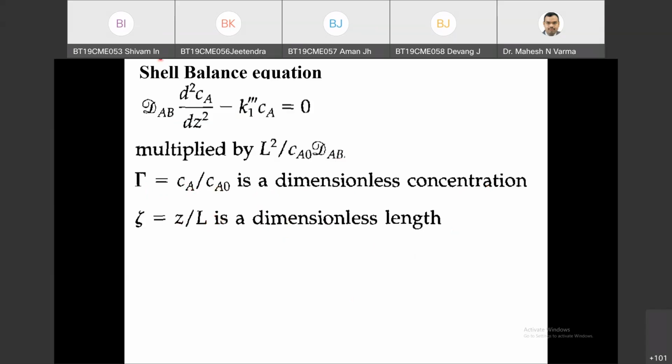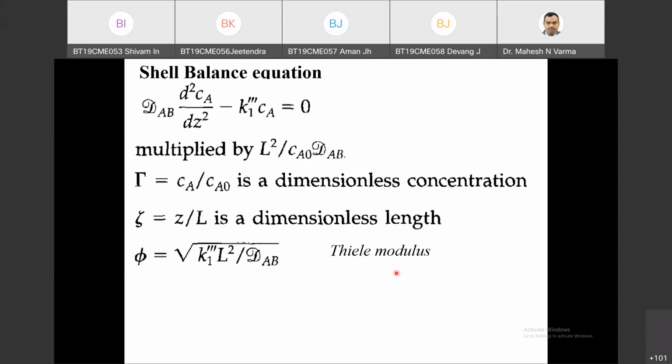Now substituting lambda into C_A0 instead of C_A, and zeta into L instead of Z, and rearranging the equation, what you will get? And phi equals K1 triple dash L square divided by D_AB. This is called the Thiele modulus. Now, if you remember, exactly the same analysis was done with a problem in heat transfer.